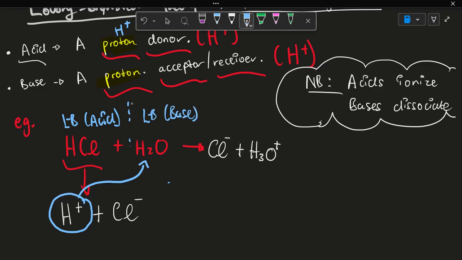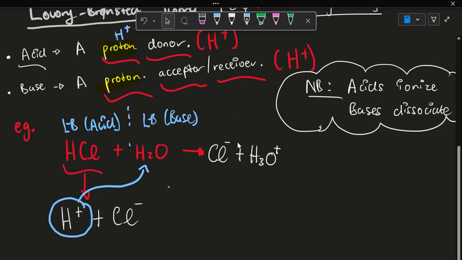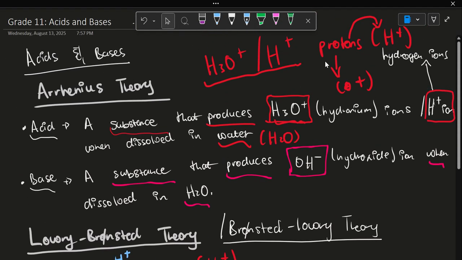Why? Because when the HCl gave away the proton, the water accepted those protons, right? By definition, a base is a proton acceptor, by definition of the Lowry-Bronsted theory. And then, when we go back to the Arrhenius theory, an acid is a substance that produces hydronium ions, right?